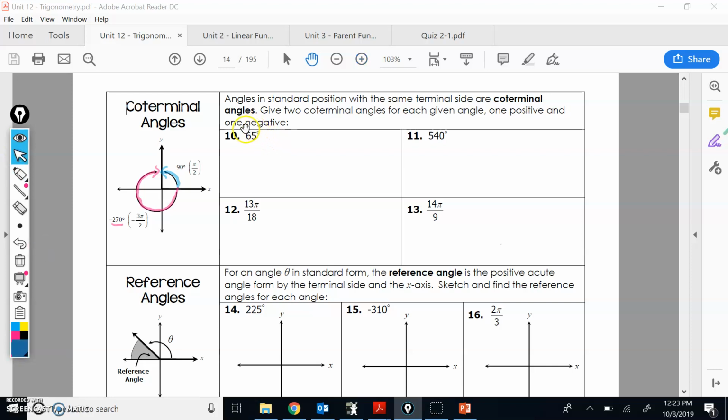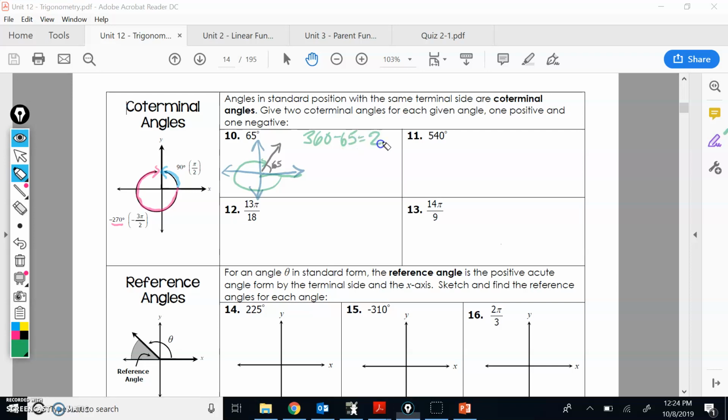Look at number 10. 65 degrees, think about what that is. On your coordinate plane, if we're graphing 65, that's about right here. A coterminal angle, if we go the opposite direction, starting here but going this way, how much would that be to get to that same spot? Basically, all you need to do is take 360, and since we're going the opposite direction, subtract 65.